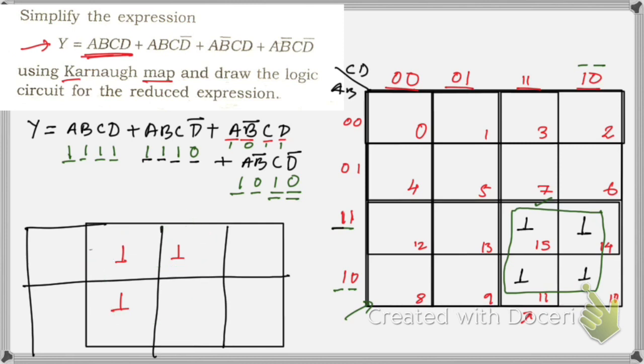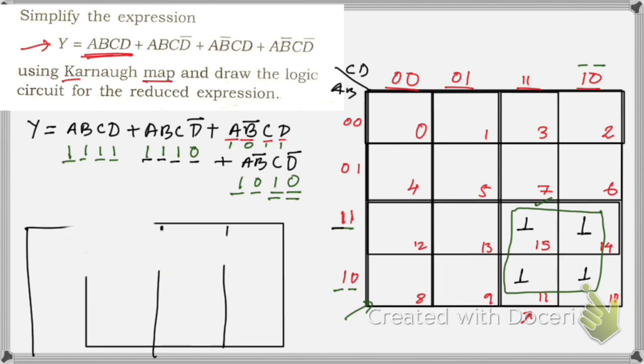Okay, so you can make pairs and you can overlap also, but each pair must contain at least one one that is not already used in another pair. Okay, so hope you have understood this.